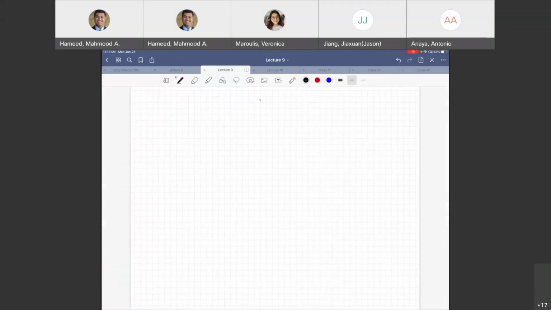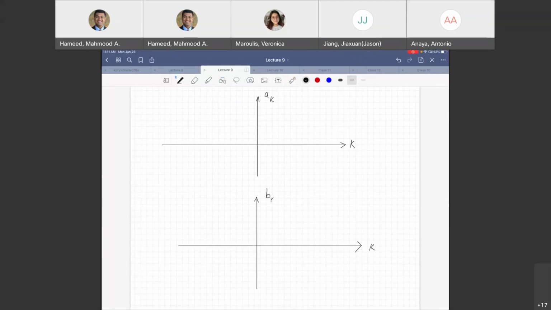Let's try to sketch something here. k here, some ak there, and this is bk here, which is a minus k, right?